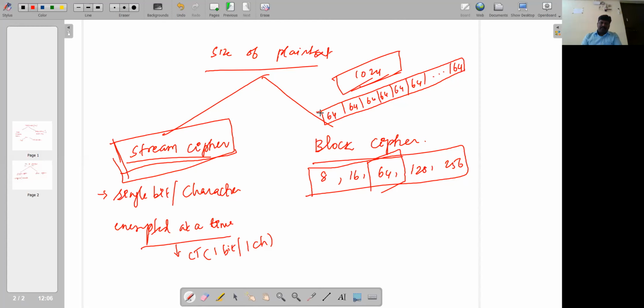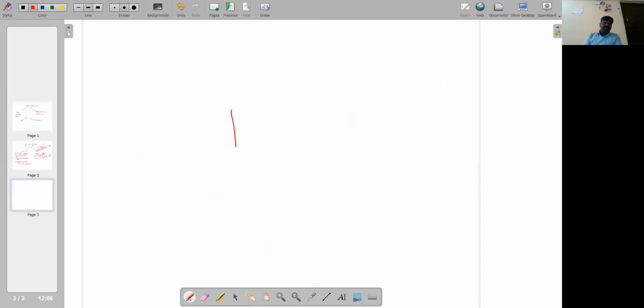The first block will be considered for encryption. The 64-bit block will be given as the input. I hope this is clear. When we apply the encryption function, it takes the 64-bit input and does some encryption function along with the key.